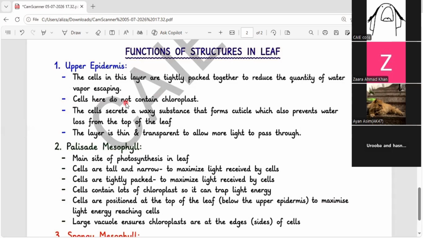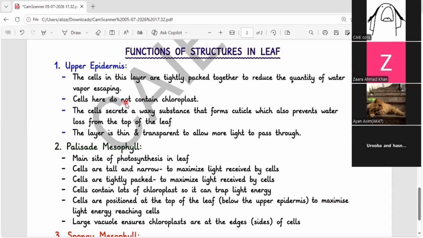The reason for that is not given here, but the main reason is that they want the sunlight to reach the lower cells, which are actually meant for photosynthesis. So this can be one of the reasons why these cells do not contain chloroplast.